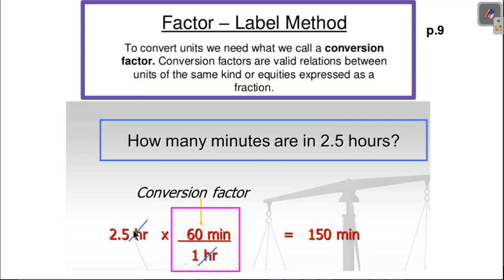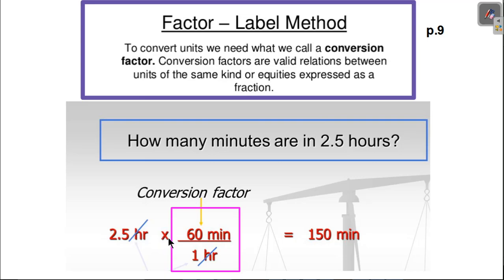This is algebra. Hours cancel hours, top and bottom cancel one another, because it becomes 1, and multiplying and dividing by 1 does not change anything. Sometimes when I do math problems, I do not put the multiplication sign between this number and my fraction because it's implied. A lot of math teachers do not put a multiplication sign.